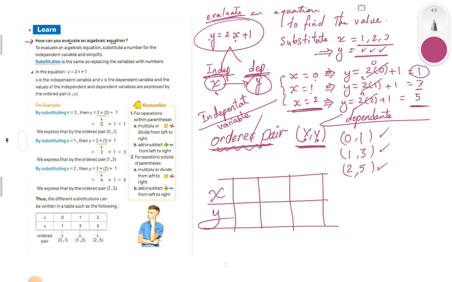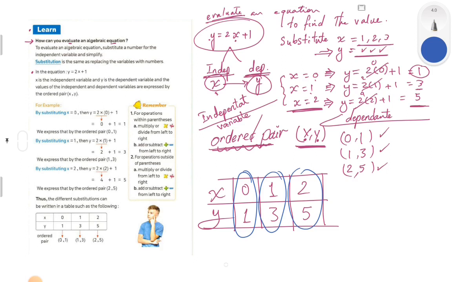I substitute x first time with 0 and 1 and 2. 0 and 1, that means 0 x, 1 y. 1 and 3. 2 and 5. Okay? Every case, this ordered pair. Now, I am doing evaluating the equation.